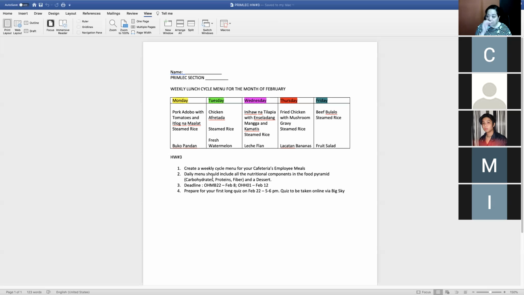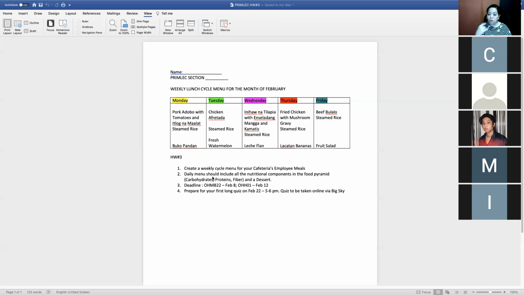If you look at my cycle menu, I made it one different protein each day. Meaning, for example, for Monday I used pork. Tuesday I did chicken. Wednesday I did fish. Thursday again I made a chicken recipe, and then Friday I used beef.